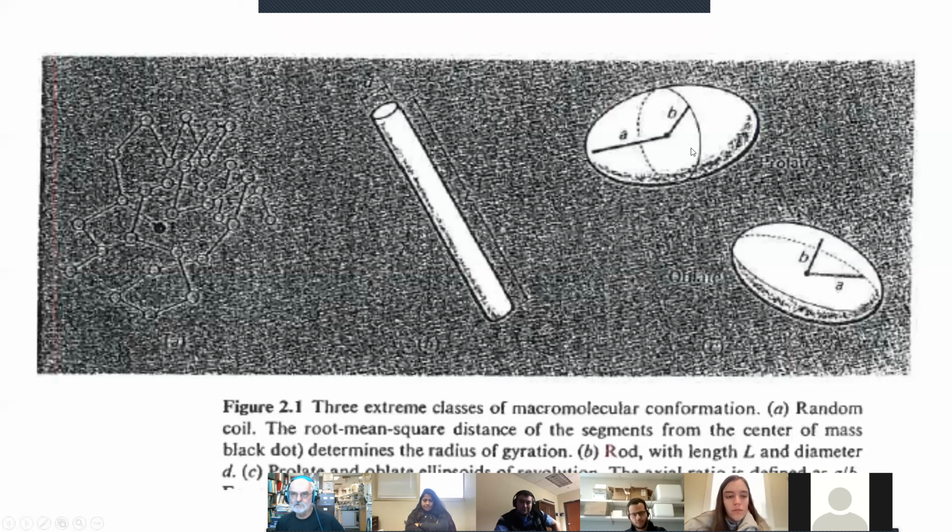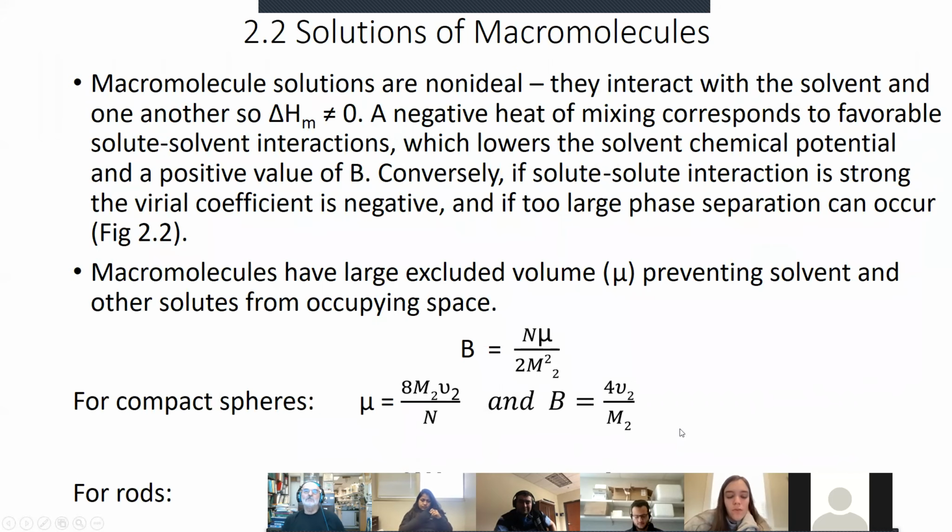Here's random coils, here's compact. Spheres are what we typically think of. In the history of this field, we tended to think of prolates or footballs, or oblates, which is sort of discs, or you could have rods, okay, with a particular length and a diameter, which you can't see in this dark version.